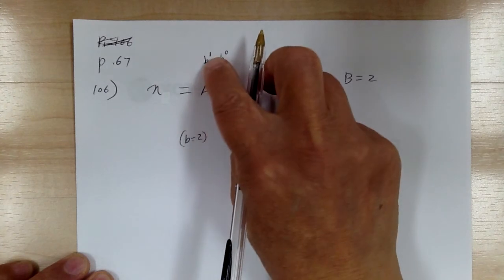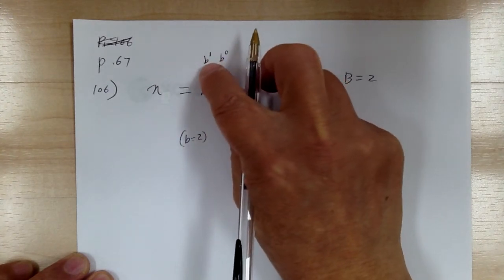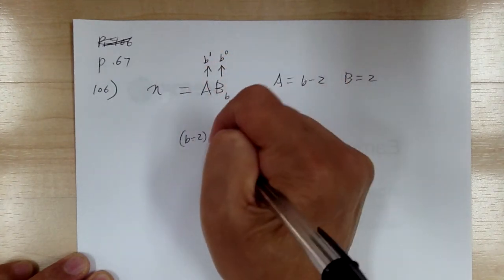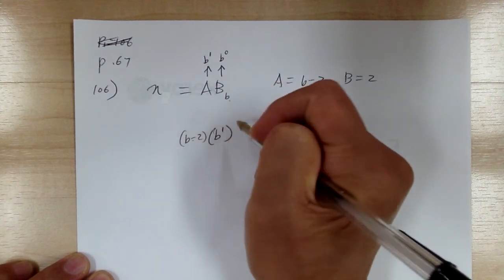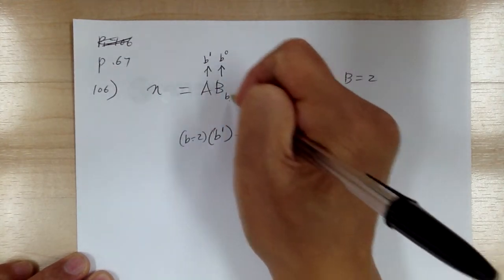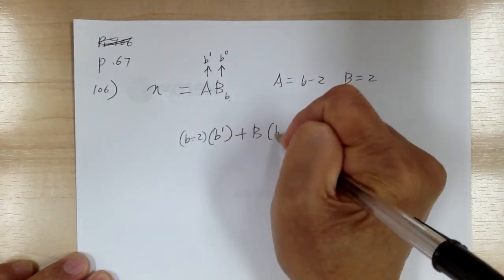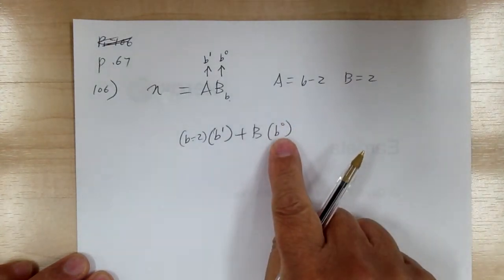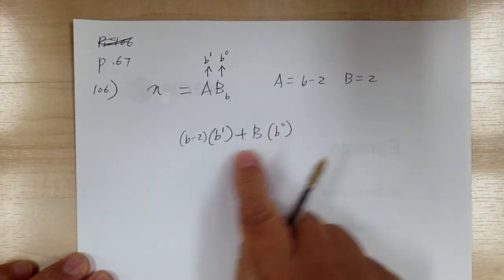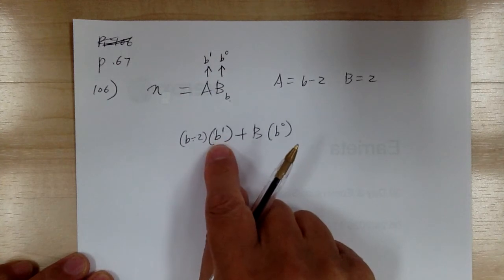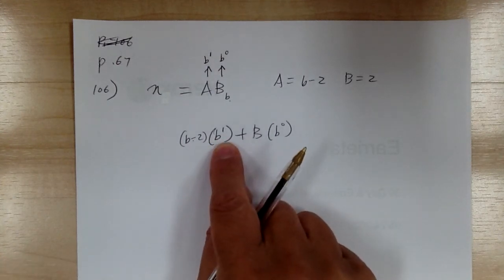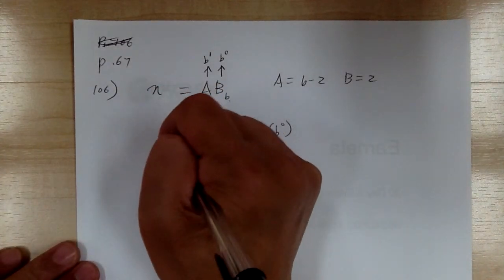But because this is in the tens position of base b, you have to multiply it by b to the 1 power, and you have to add the b times b to the 0 power. Because this is the unit digit, you multiply by 1, and this is the b digit, so you multiply by b. And this will equal n.